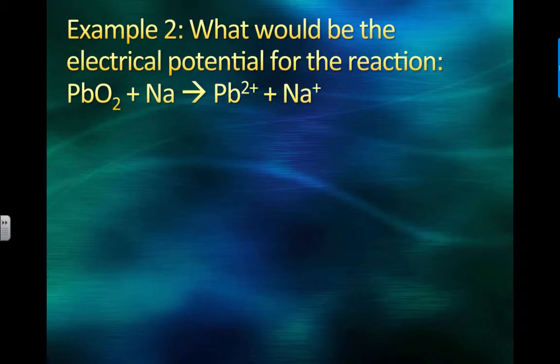Let's try another one. And this one is a little bit trickier because now I have to decide which reactions are which. What's our half reactions? So let's go back to the lesson we just did about balancing complex redox reactions. First of all, I have lead 4 oxide turning into lead 2 ions.